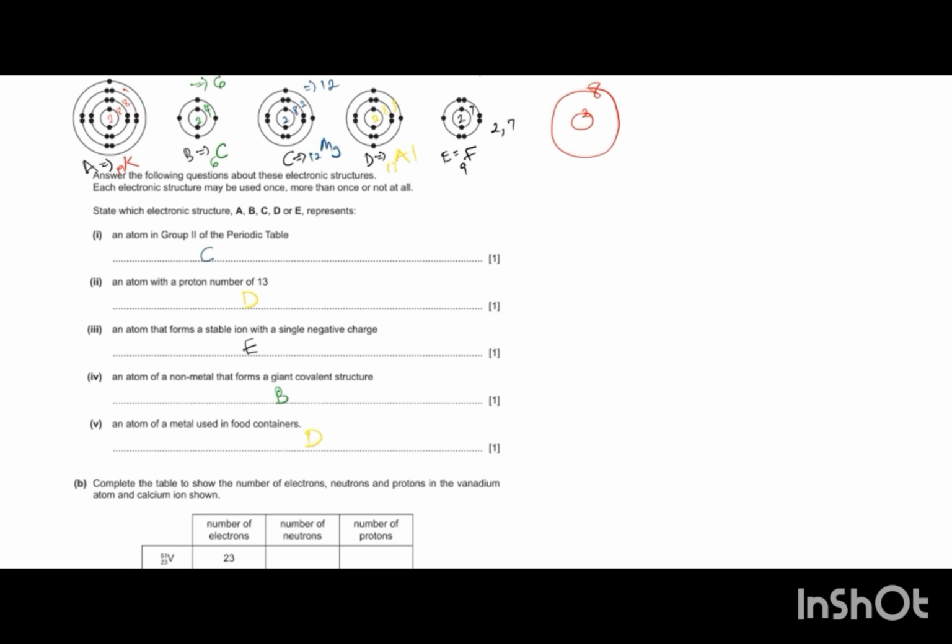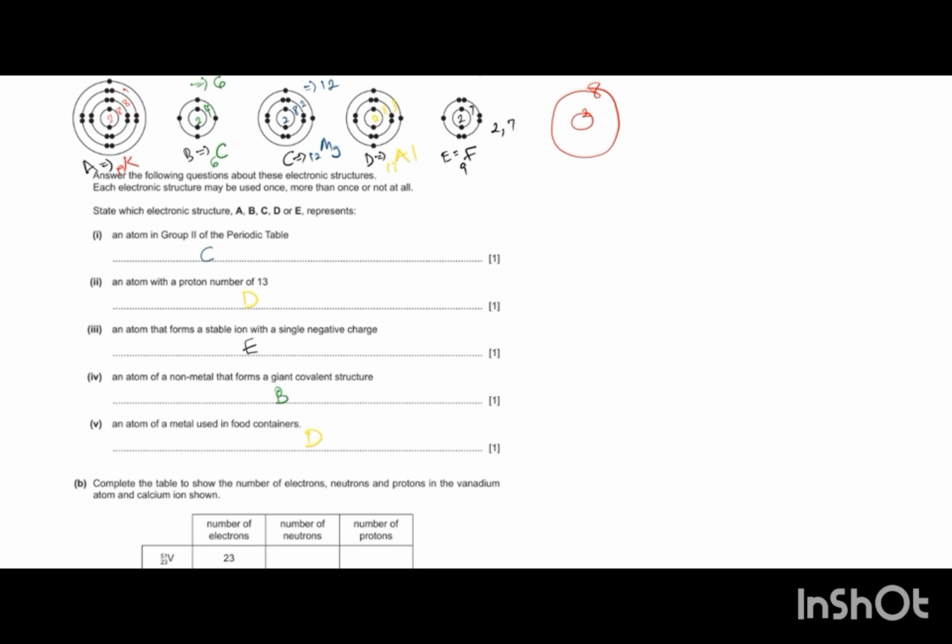So let's quickly do this one as well. Complete the following table, which shows the number of electrons, neutrons, and protons in the vanadium atom and the calcium ion shown. These are other typical questions that we have to solve.